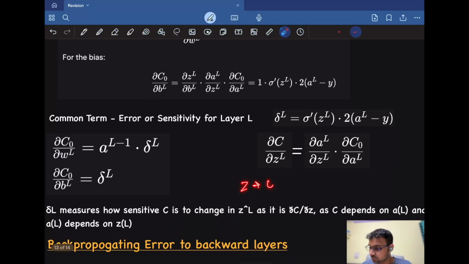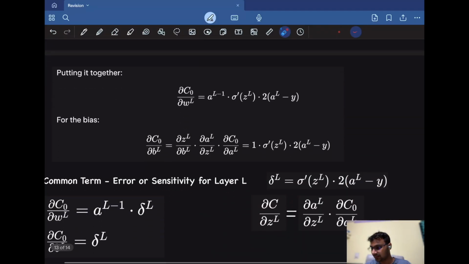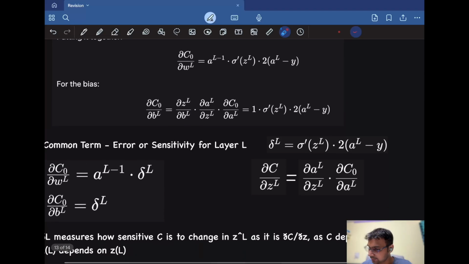Z consists of weight, activation of the previous layer, and bias combined. It signifies how the cost changes when we change the value of z of this neuron, how sensitive the cost is with respect to z.